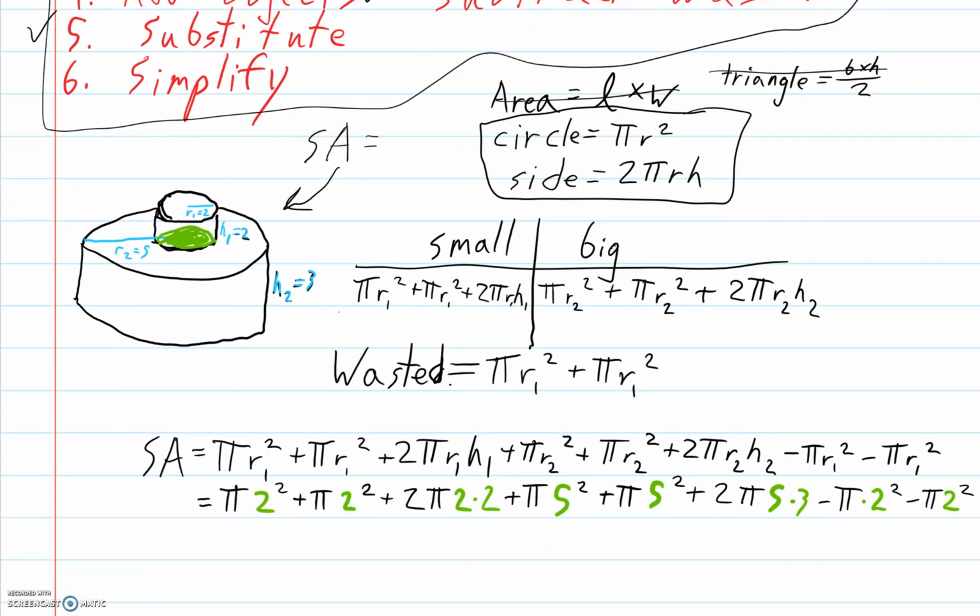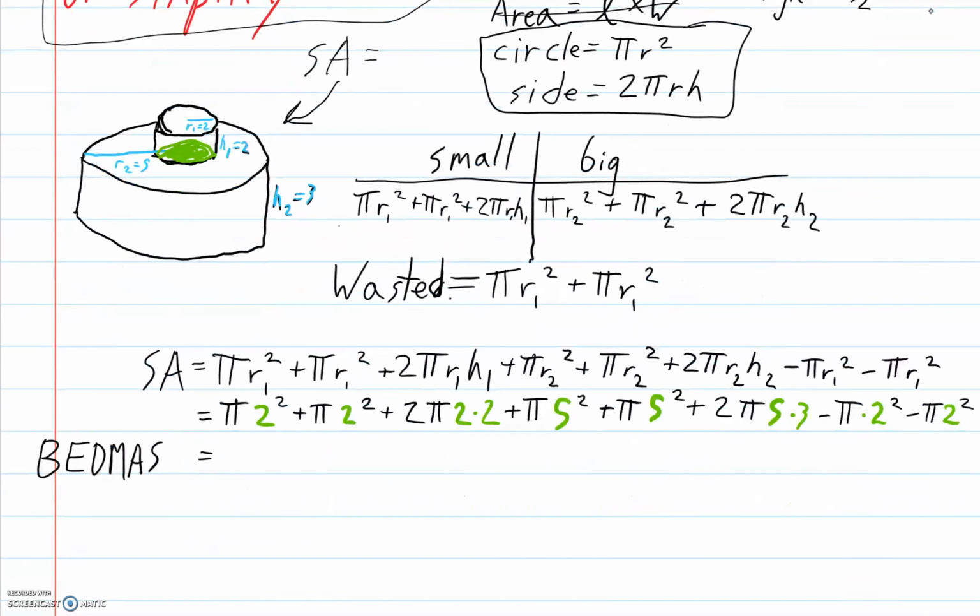Our last one is simplify. So what I need to do is take all these numbers and multiply them out, or do the exponents, all that stuff, and then I add them together. So first, I need to multiply them out and do exponents. Okay, so make sure that you have in mind BEDMAS.